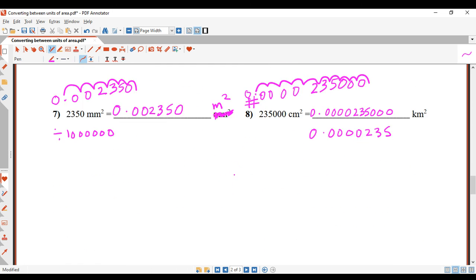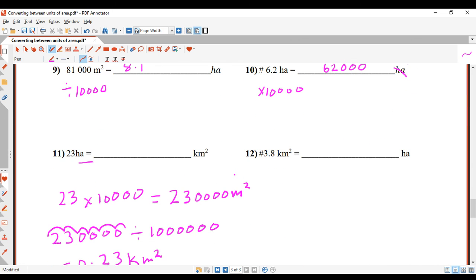So let's do that. Let's just draw a little line over here. Kilometres squared to metres squared, I'm timesing by a million. 1, 2, 3, 4, 5, 6. Now, that means I'm moving the decimal point 6 places to the right.